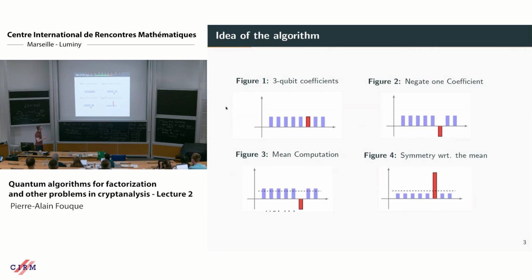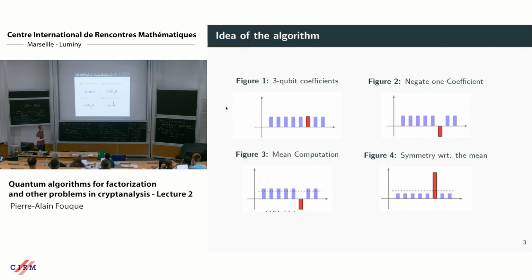Okay, so at some point we will apply this symmetry, and now we are computing, in some way, the average of all of the different values. Okay, if you compute the average, you see that the average will be, in fact, below all of these values because we have a negative value here, but the mean will be about the same here. Okay, so this is maybe a cheating drawing.